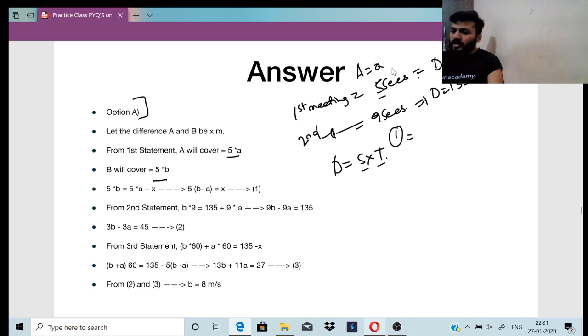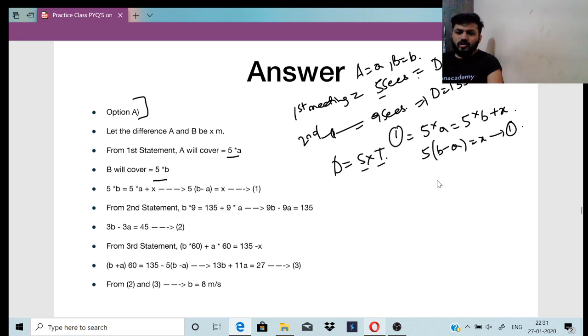Speed of A is small a, speed of B is small b. So it is 5 into a is equal to 5 into b plus x, which is the distance. So I can also write it as 5 into (b minus a) is equal to x. My equation 1: 5 into (b minus a) is equal to x.